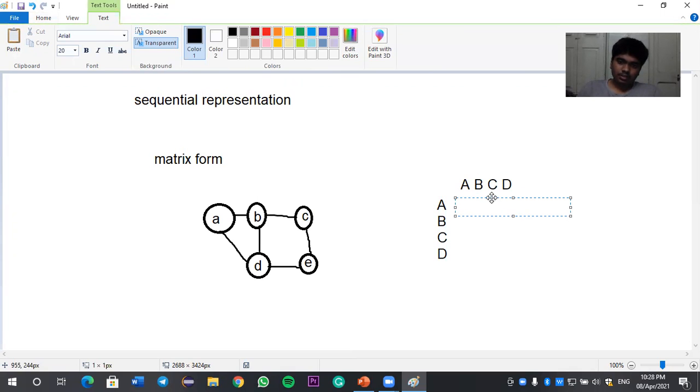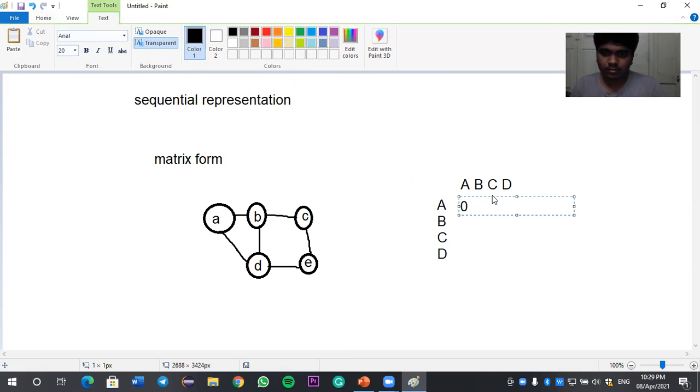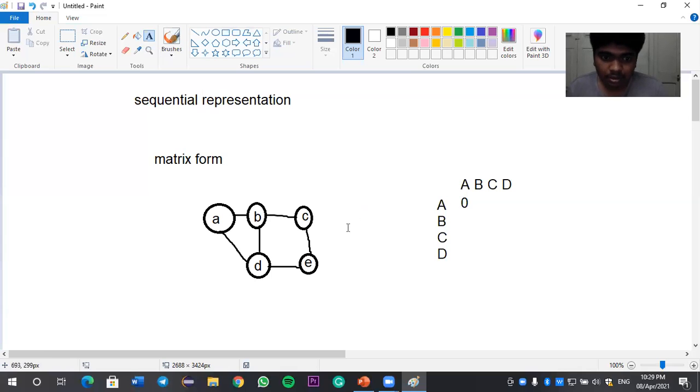Do we have any path to reach A from itself? Not in this graph, so we place a zero here.